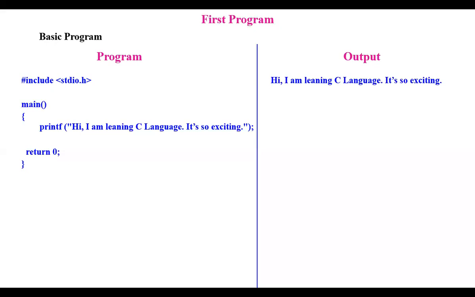So the printf statement gives out, hi, I am learning C language. It's so exciting. Whatever is written in between the opening and closing brackets and the opening and closing double quotes of the printf statement is printed here.